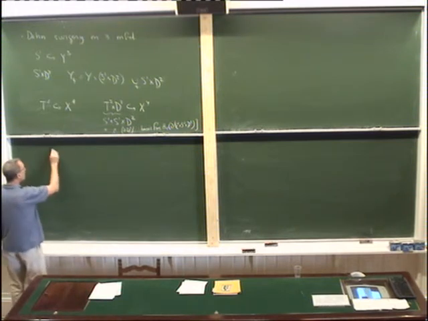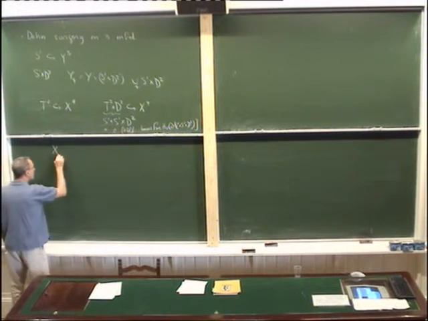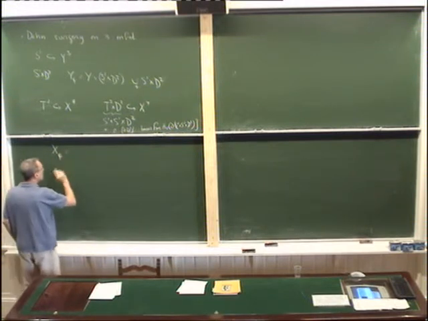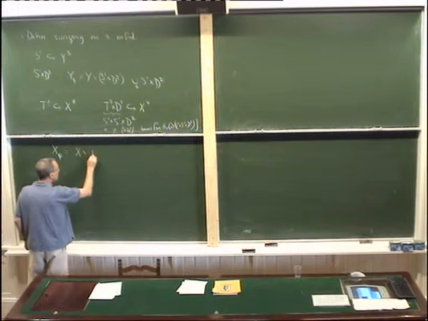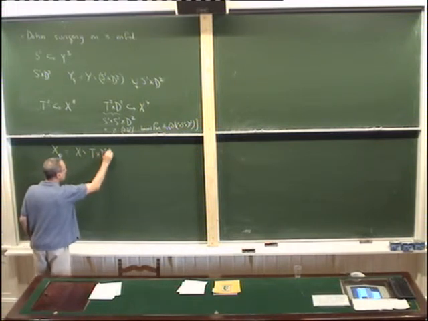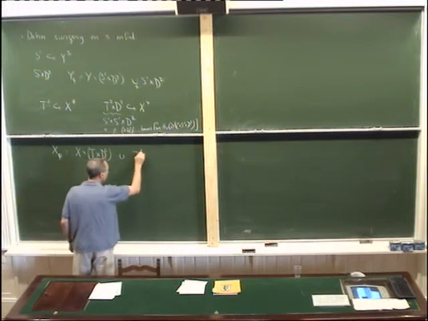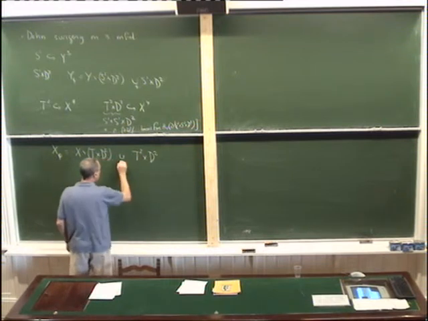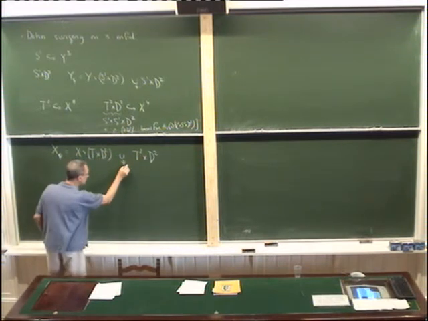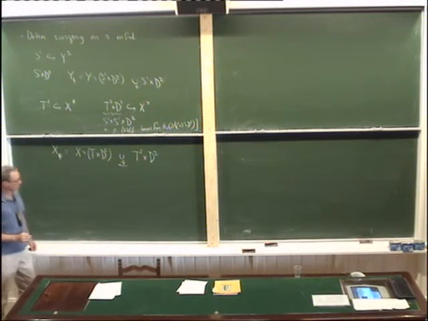And then again, glue, form a manifold X_φ, which is X minus this neighborhood, and then union a copy of T2 cross D2, glued in by φ, which we'll think of as mapping this way.